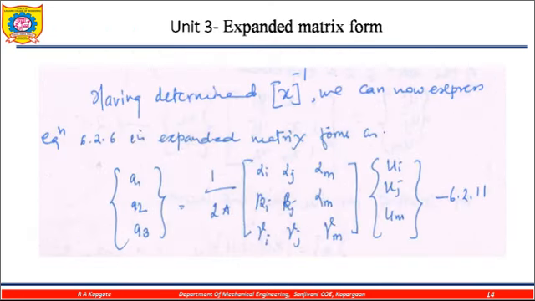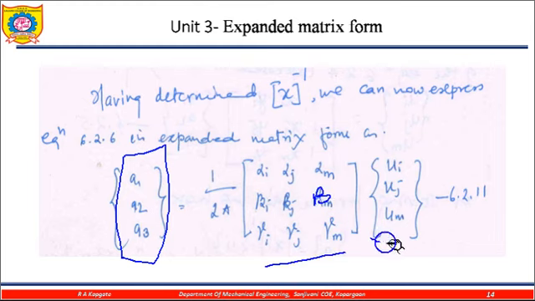After solving the matrix, we are getting a1 a2 a3 is equal to 1 upon 2A, alpha i alpha j alpha m, beta i beta j beta m, gamma i gamma j gamma m, multiplied by displacement. So this is the expanded form of my matrix.